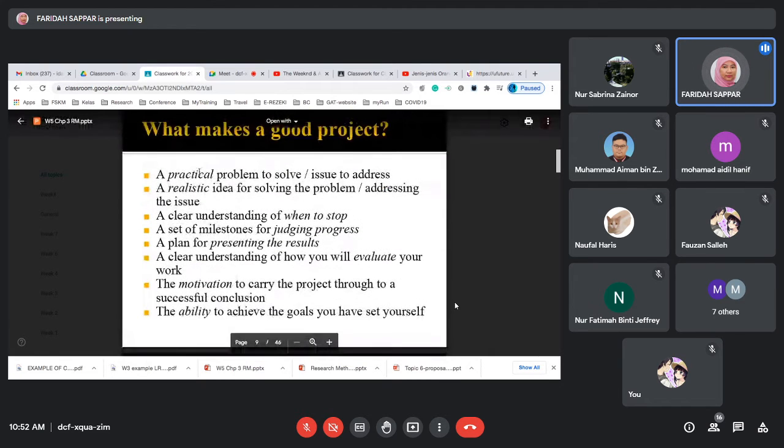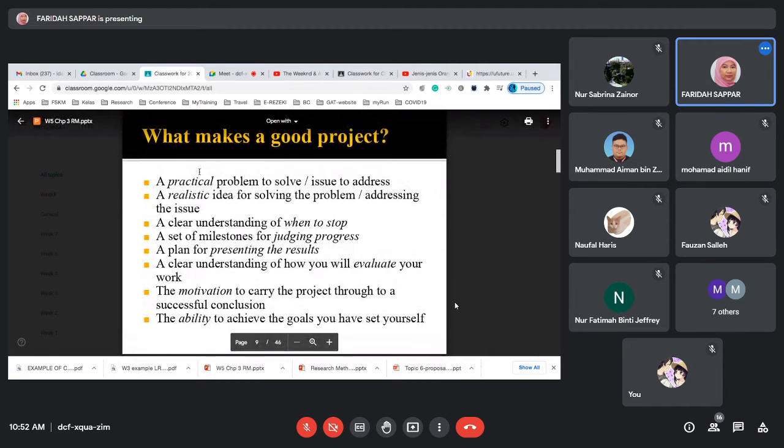What makes a good project? A practical problem to solve, an issue to address, a realistic idea to solve a realistic problem. The problem you want to solve is for the examiner, for the people, for me.